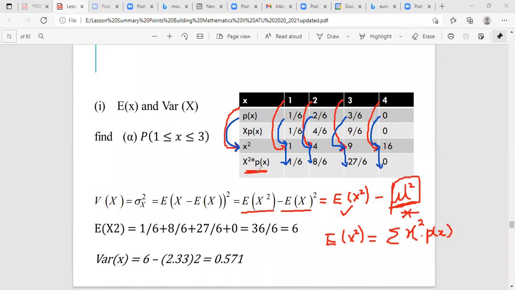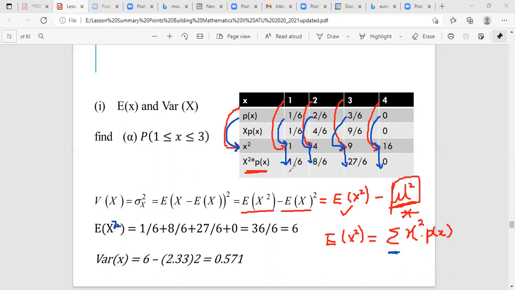Now that we have done the multiplication, the final step is to add. It says summation, so we add all the values we calculated. So the expectation of x squared is the summation, so we are going to sum. Let me correct this one here: it is x squared, not x2.